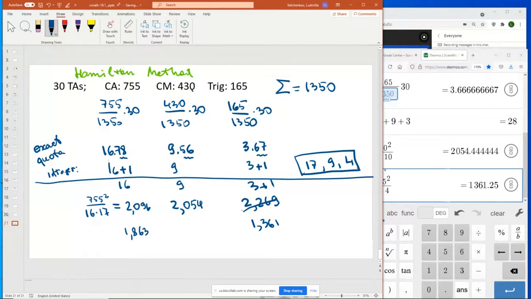Now let us compare the numbers 2096, 2054 and 1361. Now the greatest number is of college algebra, so it gets the next representation. So in this example, we got the same assignment by Huntington-Hill method and by Hamilton method.